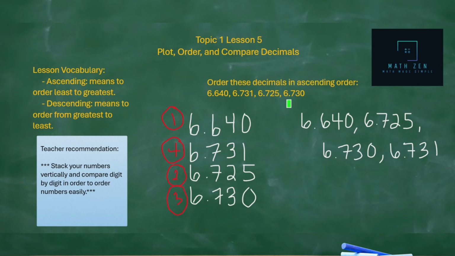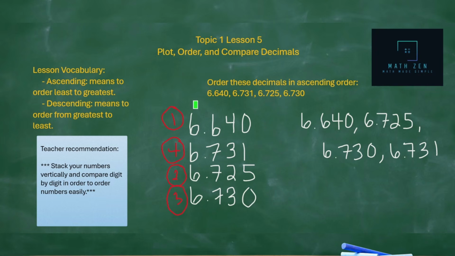So what I teach my students to do is to take the decimals and literally line them up vertically like this, and then rewrite the numbers, making sure that every place value lines up. For example, our ones digits line up, our tenths line up, our hundredths line up, and our thousandths line up.